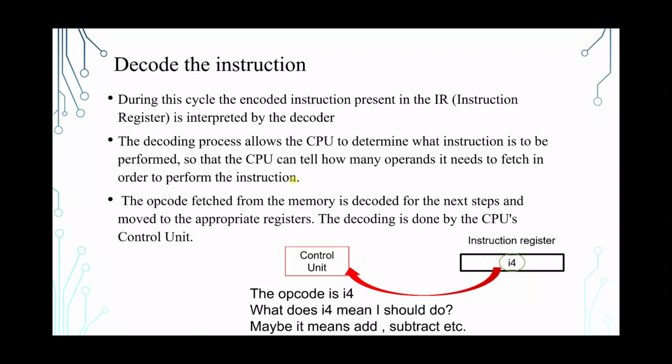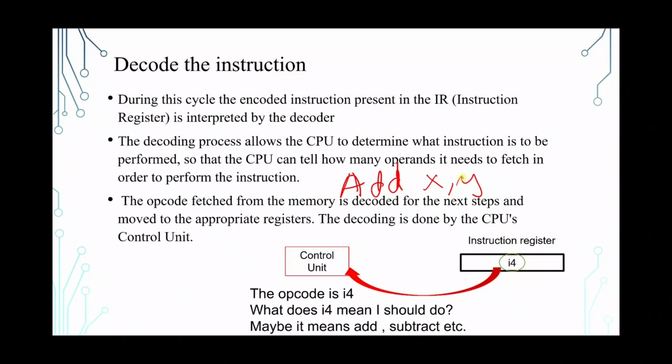I'll give you an example. If the opcode means add, you need two operands, X and Y, or add 1 and 2, 1 plus 2, and so on, right?